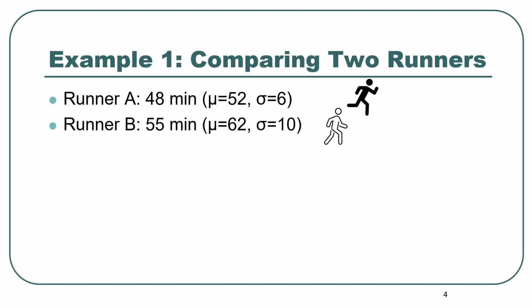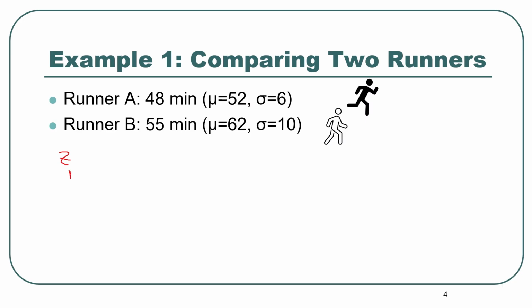Here we have mu equal to 52 and sigma 6, while here the mean is a little bit higher, so slower, and sigma is 10. So let me compare them using the Z-score.